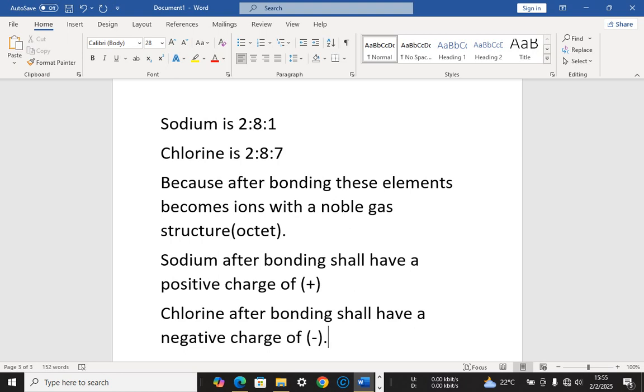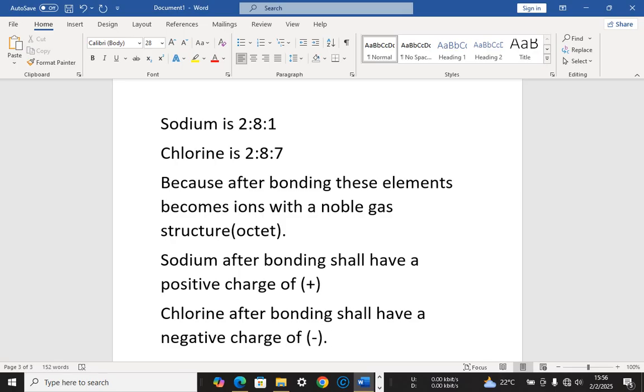Another thing I want to share with you is that when you are dealing with ionic bonding, first identify the components: a metal and a non-metal. After that, know their valence electrons. After knowing their valence electrons, know their electronic configuration, because it will help you see how many electrons are moving from a metal to a non-metal.